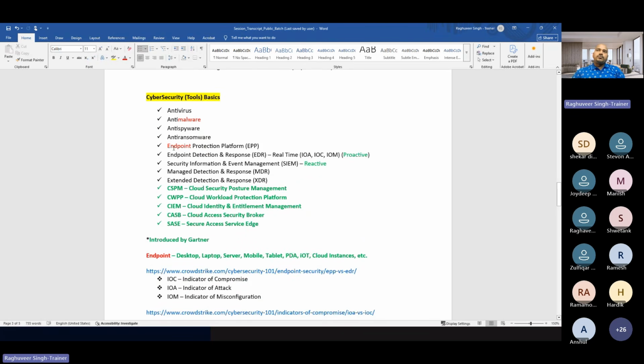Then comes the endpoint protection platform. When these threats continue to exist, the independent software vendors or security software providers, which are organizations who develop these security solutions, came up with the endpoint protection platform. These platforms combine the capability of an antivirus, anti-malware, anti-ransomware, anti-spyware, anti-adware. However, the challenge with these platforms was that they would only be able to discover and quarantine.